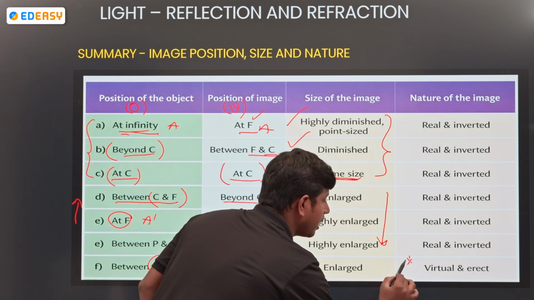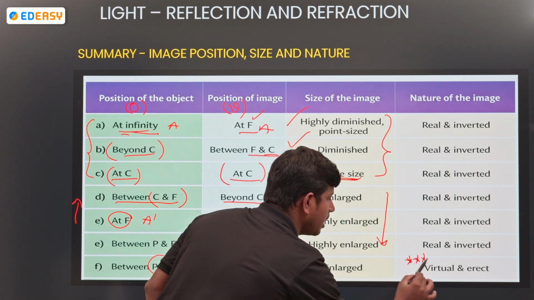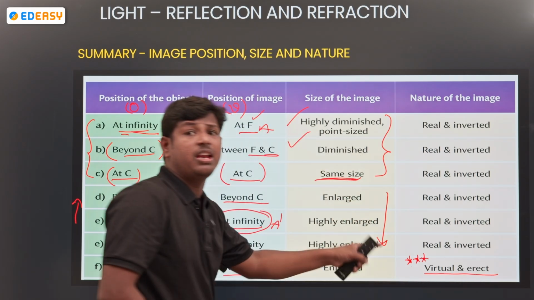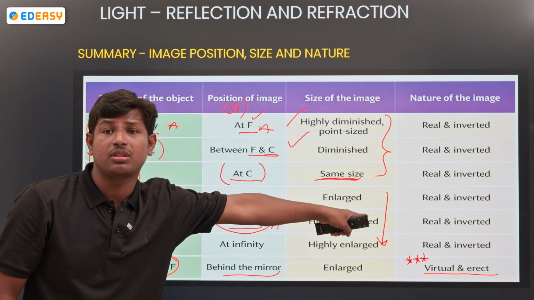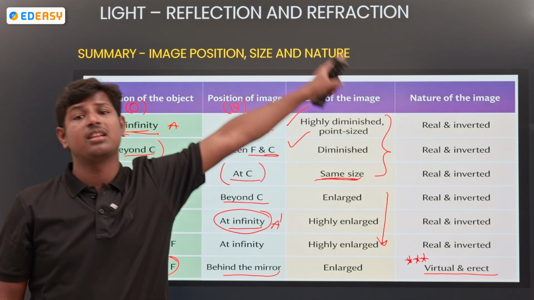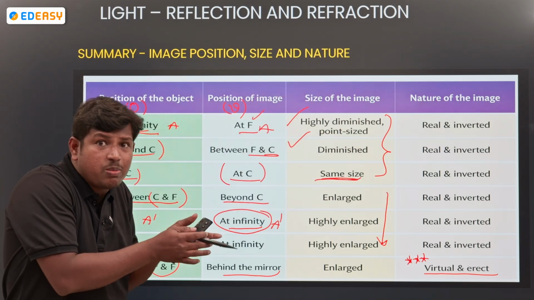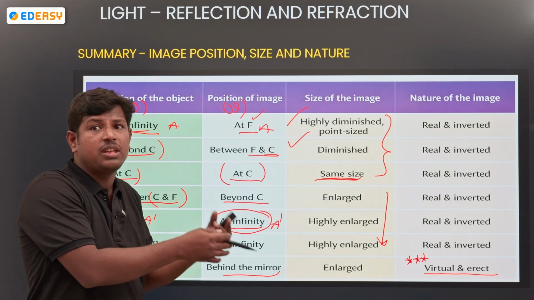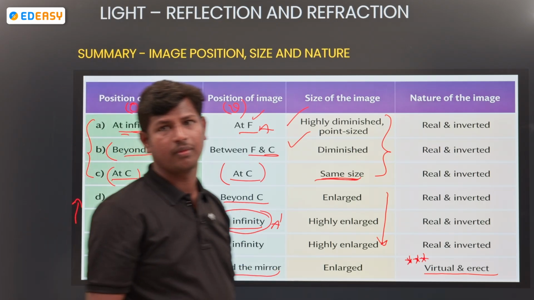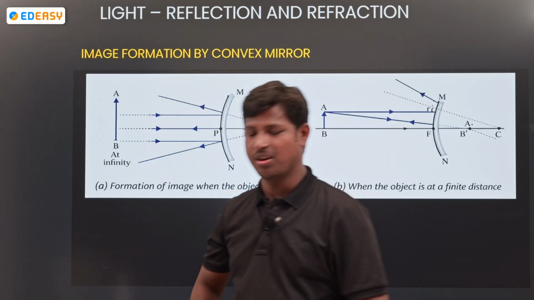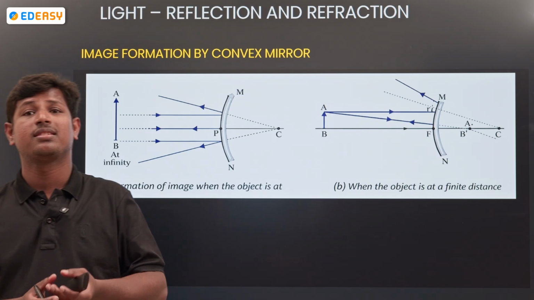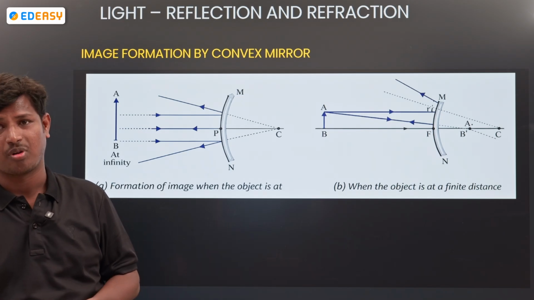Virtual and erect. Remember the point, it is very important. In which cases does a concave mirror give a virtual and erect image? The answer is, if the object takes place between P and F, the nature of the image is virtual. Clear?